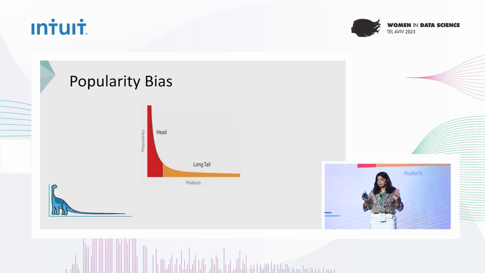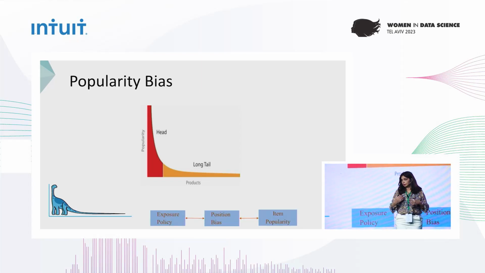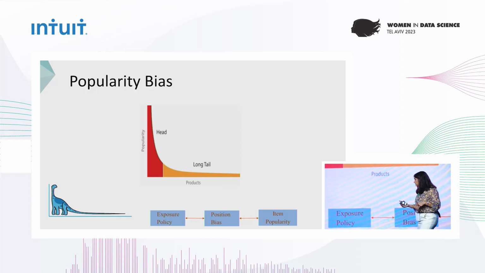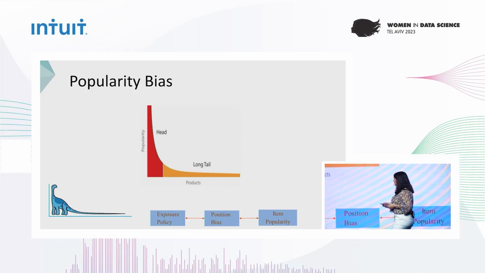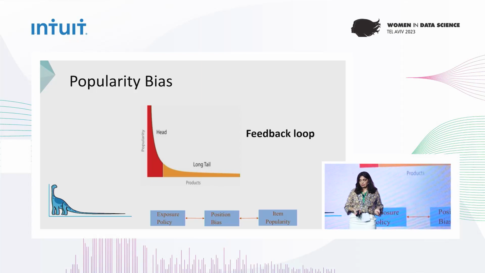In recommender system settings, people would purchase or consume a small set of items that are very, very popular, and the other items won't get a chance to be exposed to the user because they're not popular. All three biases that I described interact with each other, and there is a feedback loop that amplifies them in the system.